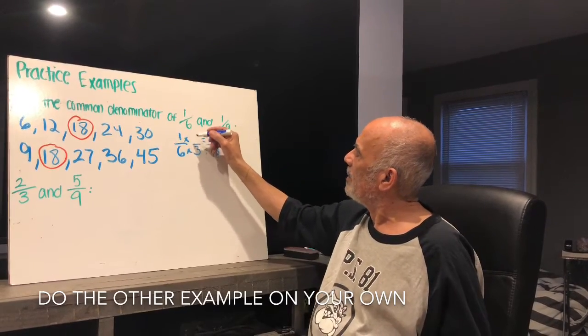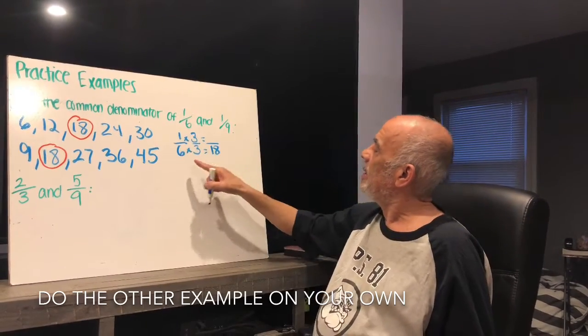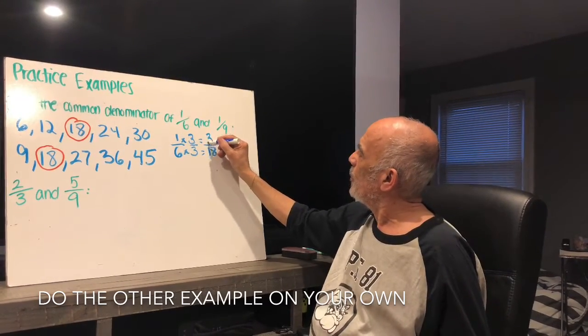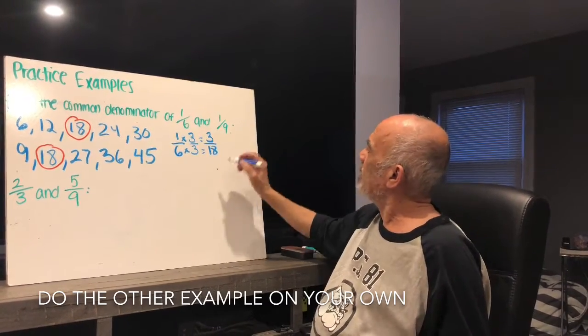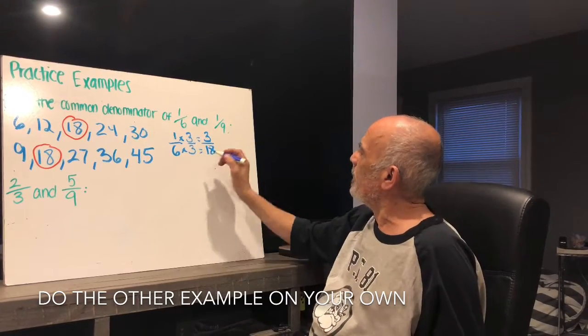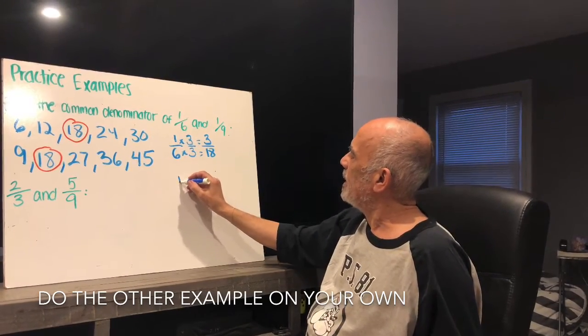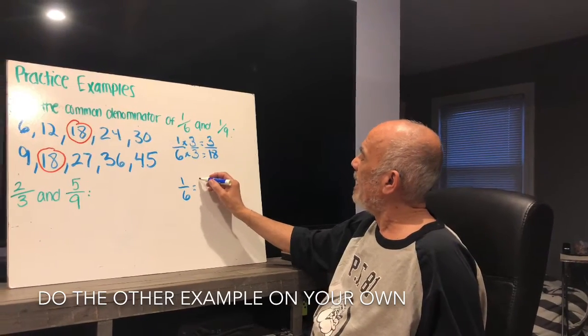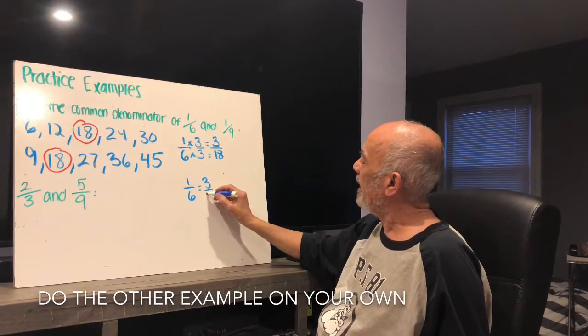So I do it to the bottom, got to do it to the top. 3 times 6 is 18. 3 times 1 is 3. So 1/6 can be rewritten as 3/18.